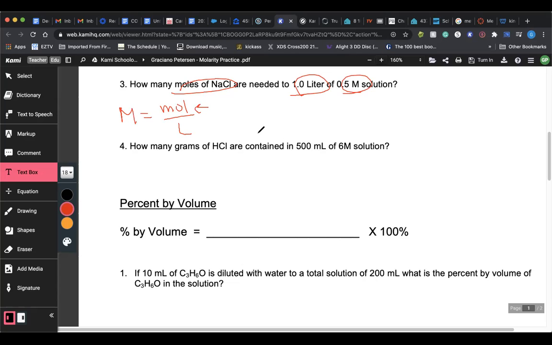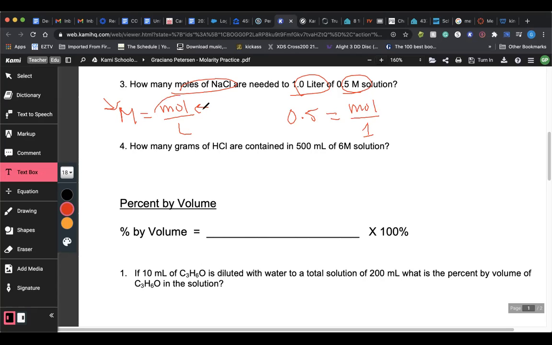Right. So what are we going to do? We put the 0.5 on top and the 1.0 on the bottom. So right now we are given the molarity. We actually have 0.5 is equal to the moles over 1, right?